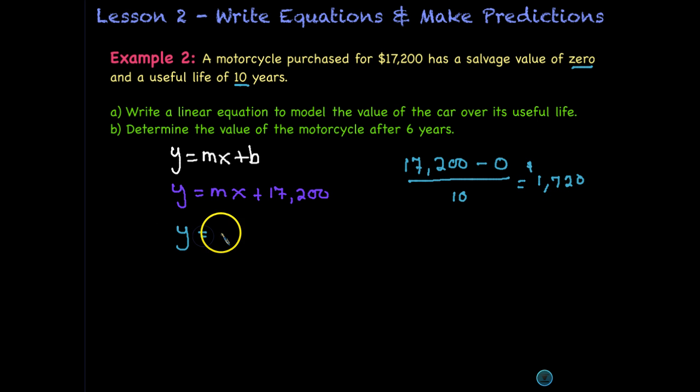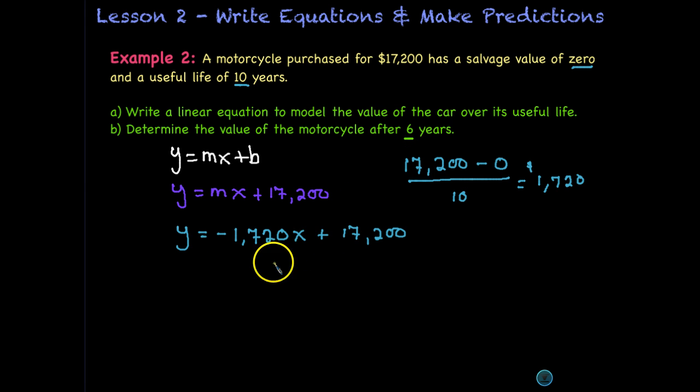That's going to be our depreciation. So we have y equals negative $1,720x plus 17,200. Now remember, this is where x and y come into play. X is our years and y is our value after those years. So if we want to determine the value of the motorcycle after 6 years, what do we need to do with that 6?